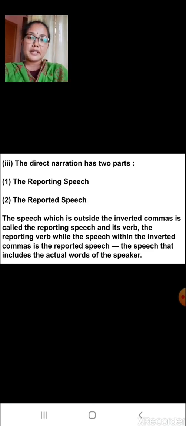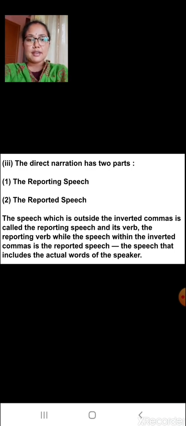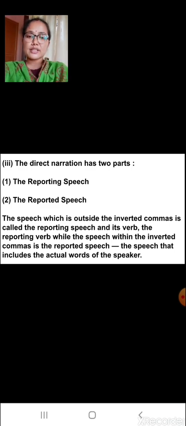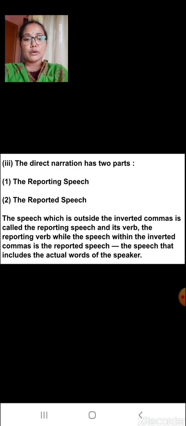The direct narration has two parts. The first one is the reporting speech and the second one is the reported speech. The speech which is outside the inverted commas is called reporting speech and its verb the reporting verb, while the speech within the inverted commas is the reported speech, the speech that includes the actual words of the speaker.